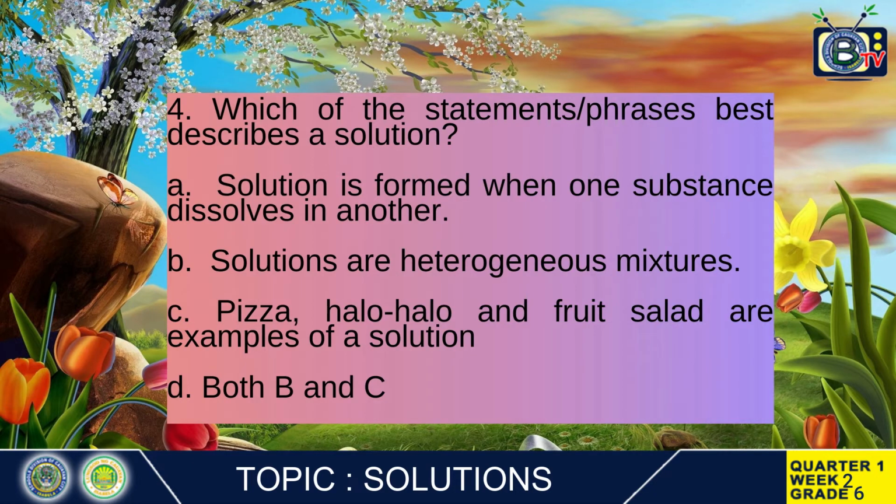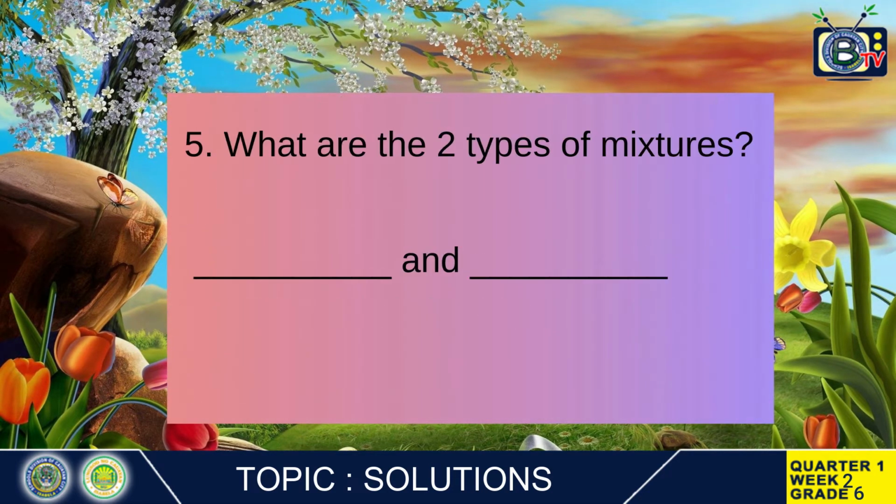A. Solution is formed when one substance dissolves in another. B. Solutions are heterogeneous mixtures. C. Pizza, halo-halo, and fruit salad are examples of a solution. D. Both B and C. Number 5. What are the 2 types of mixture?